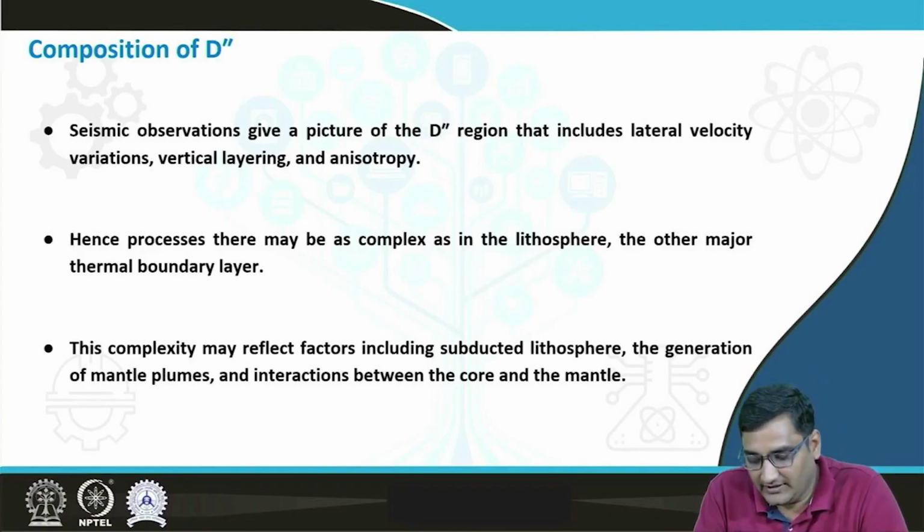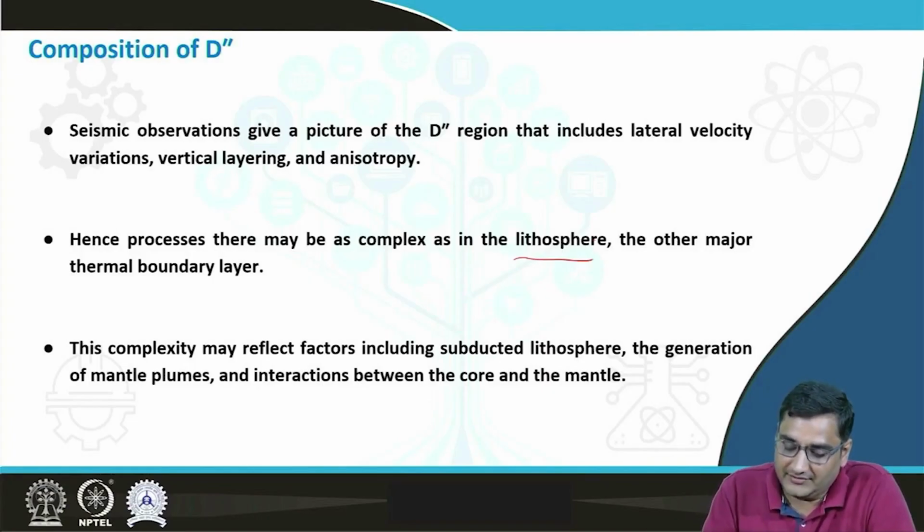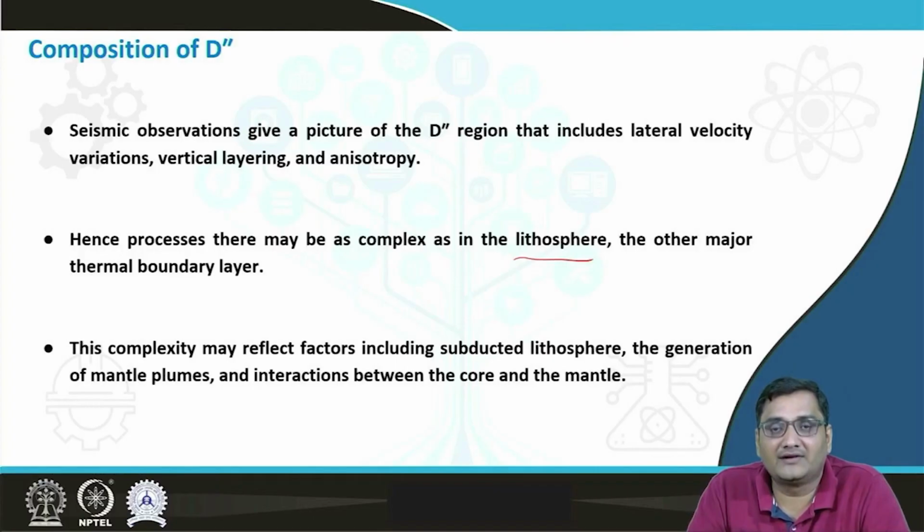So the processes may be very complex in comparison to the lithosphere, the other major thermal boundary layer, that is the lithosphere asthenosphere boundary. And this complexity may reflect factors including subducted lithosphere, the generation of mantle plumes, and interaction between the core and the mantle.